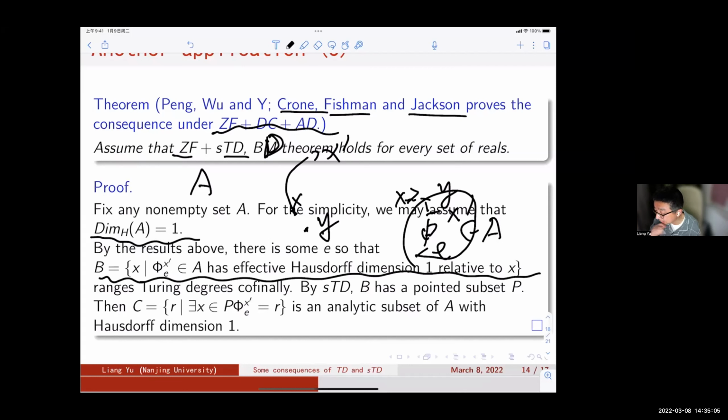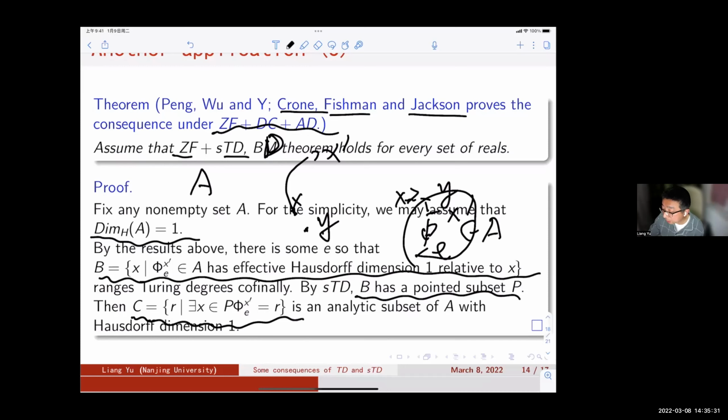Now by sTD, P has a positive subset P. Now the rest is exactly the same as the previous proof, like measurability. Let's see, let P be such a set. This is an analytic subset of A, and it has Hausdorff dimension 1.